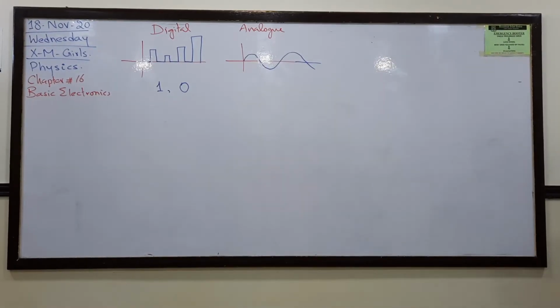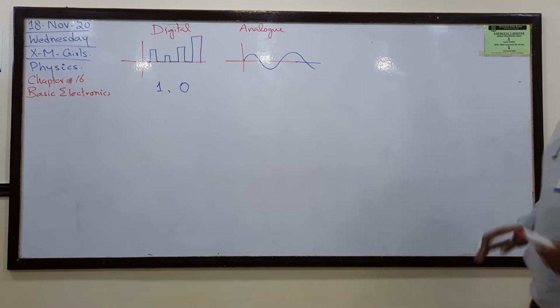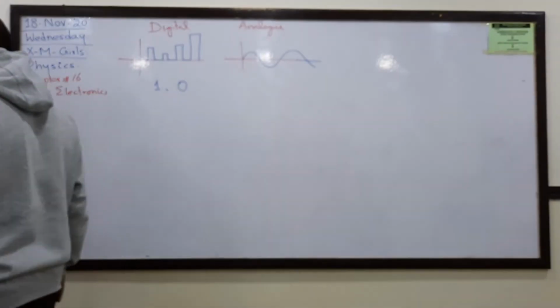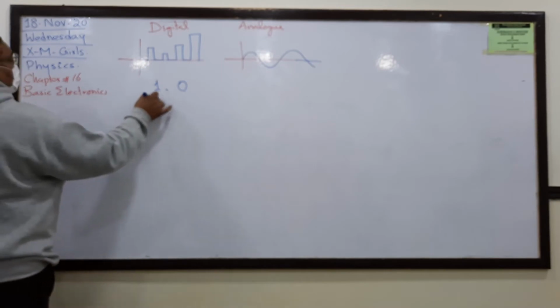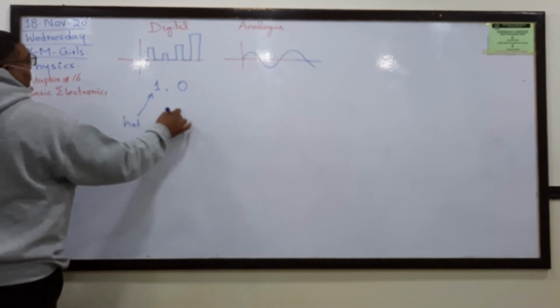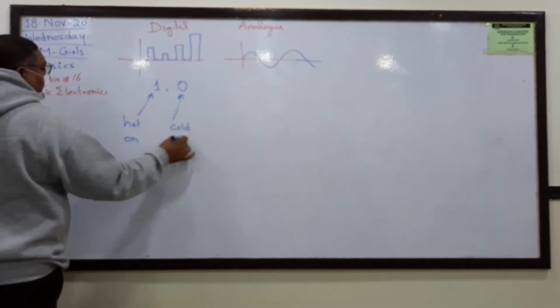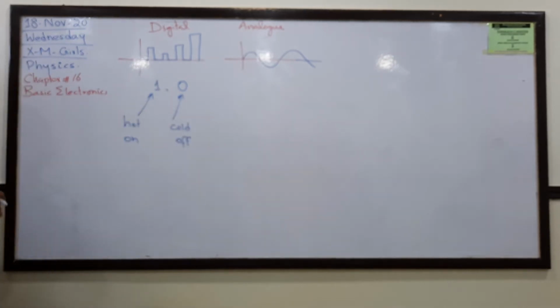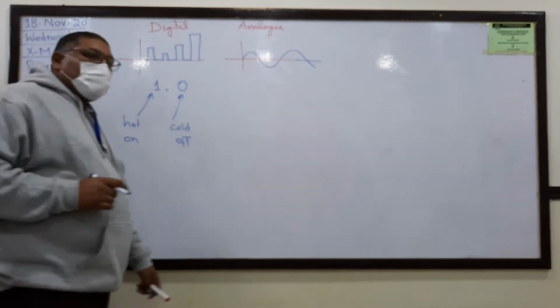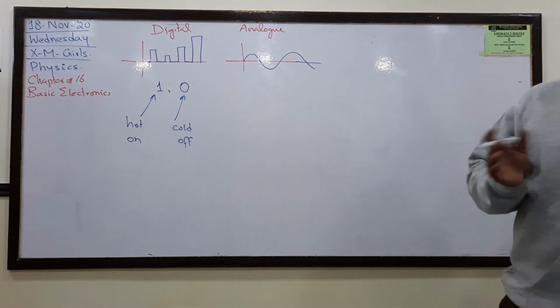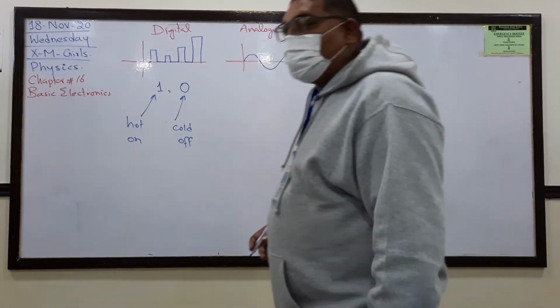The values in digital electronics can only be 1 or 0. 1 means we say it is on, and 0 means off. In digital electronics, there will be only two things, 1 and 0.